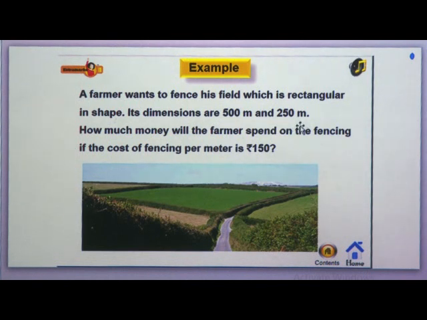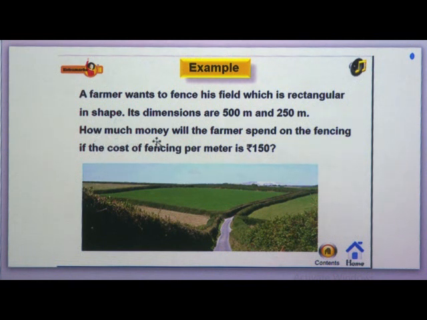It is a rectangle, which means the opposite sides will be the same. One side is given as 250 meter and the length is given as 500 meter. We know both sides, and it is already given in the question that it is a rectangle. Suppose this side is 500 meter, then this side will be 250 meter.